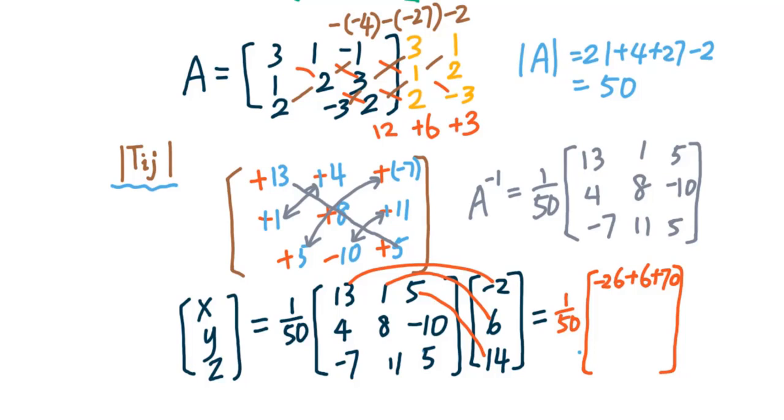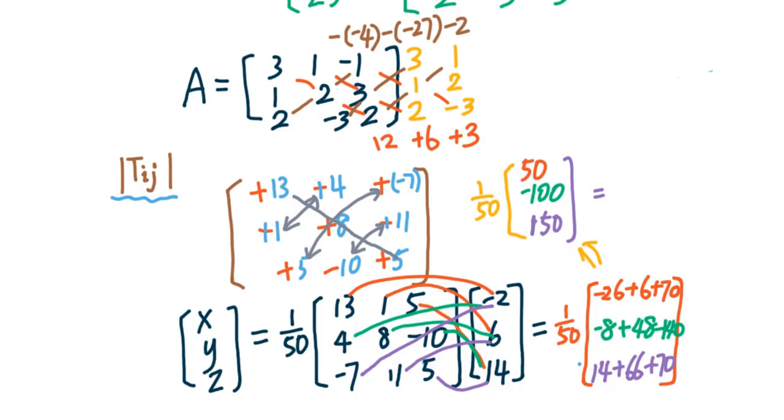Then we go here: 4 times -2 is -8, 8 times 6 is plus 48, -10 times 14 is minus 140. Then -7 times -2, that's 14, 11 times 6 is plus 66, and 5 times 14 will be 70.